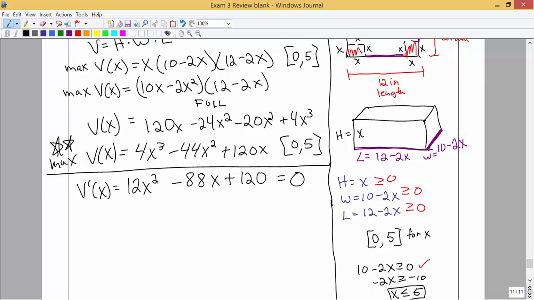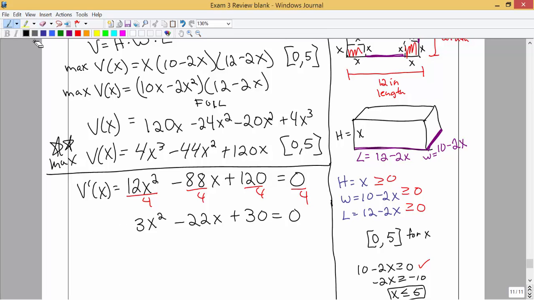Now this particular equation will not factor, but one thing I want to do is go ahead and divide out by the common divisor, so they're all divisible by 4. We'll do that to both sides of our equation. And we end up getting something a little bit simpler. We end up getting 3x squared minus 22x plus 30 is equal to 0 divided by 4, which is 0.